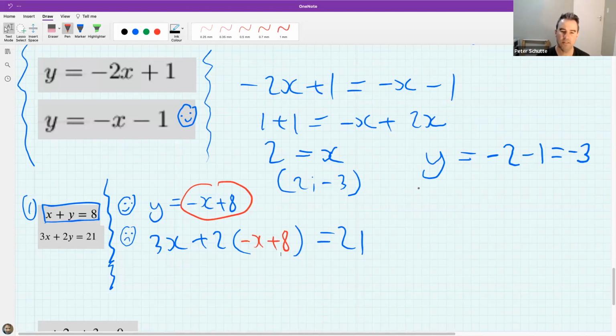And this is called substitution. So the last one we were using equating, whereas with substitution, we sub the easy one or equation 1 into equation 2. Find me the intersection point of these two straight lines.